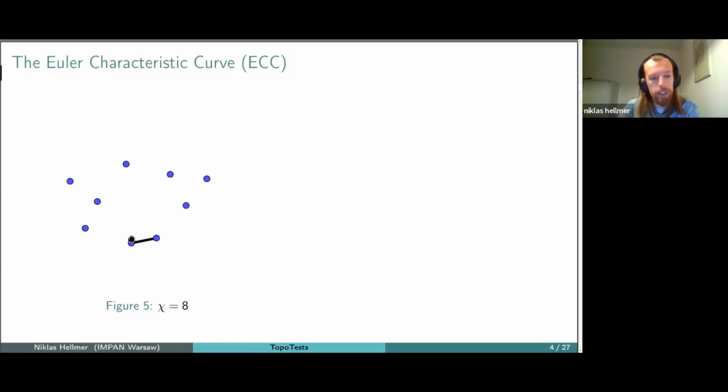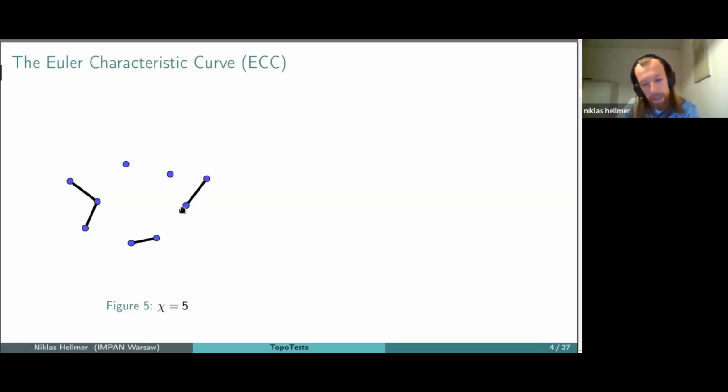Okay, and if we allow ourselves a bigger distance at which we want to consider points which are close together as living in the same connected component, then we also draw edges in here. And now we still have 9 points, but we have 4 edges yielding 5 connected components.